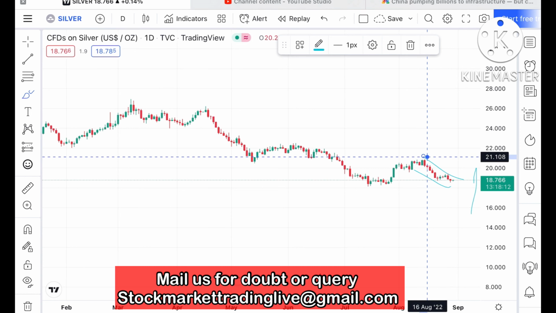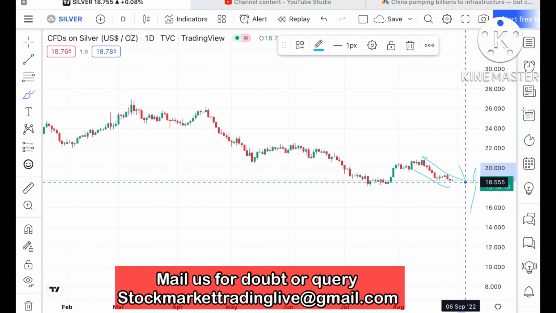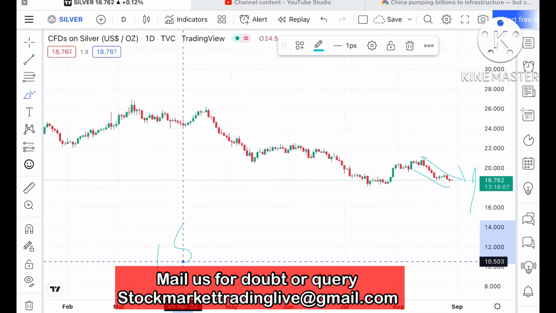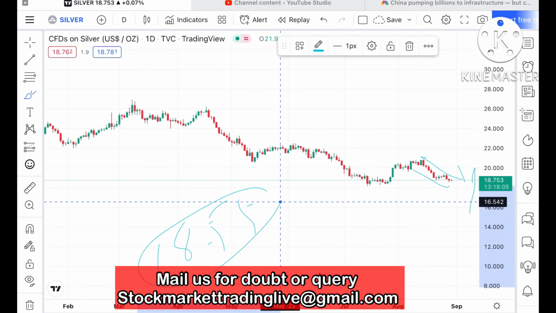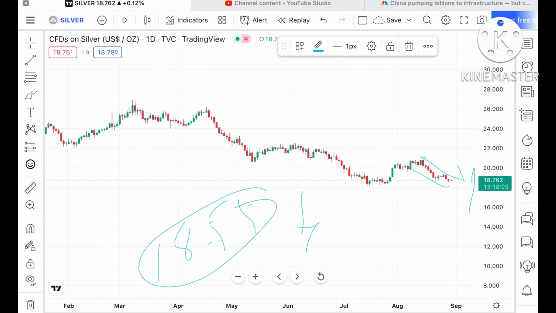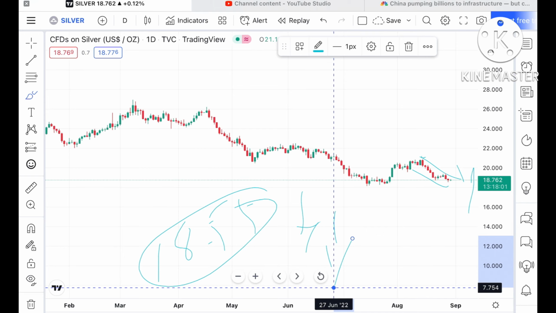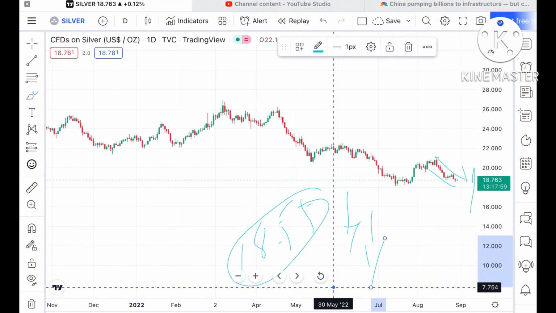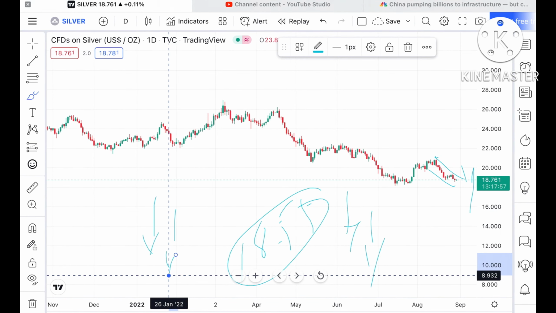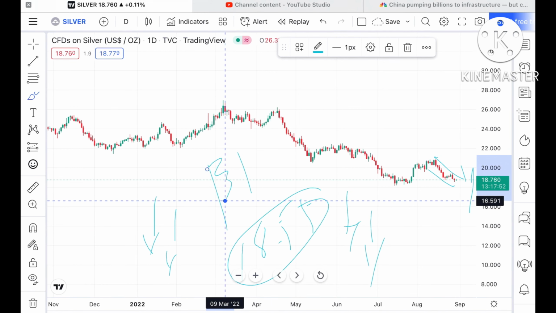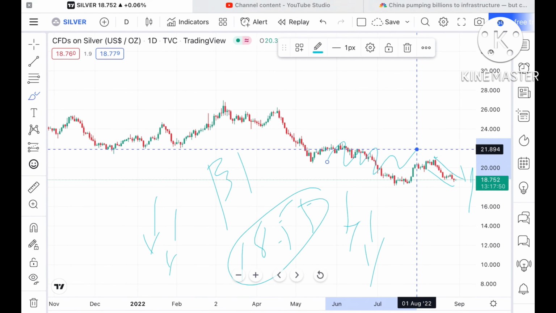I have told you that there is a support at $18.55. If this breaks downside, then it can move further down, because on the weekly or monthly chart there is a continuous trend, while on the day chart there is volatility towards upside and downside.